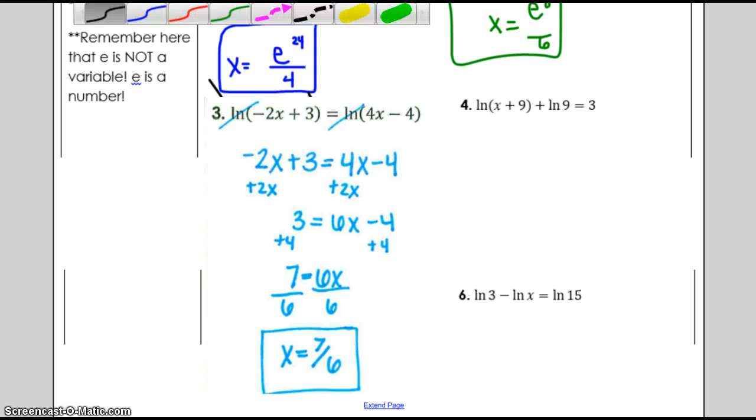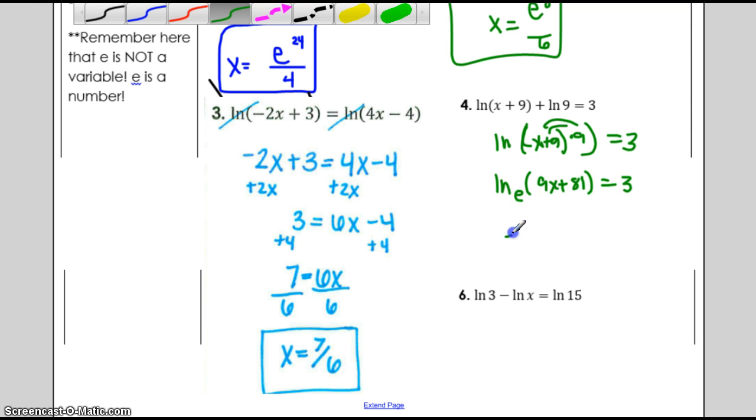So the next one, we can go ahead and condense. Since it's addition, we want to change that to multiplication. So it's x plus 9 times 9, which means we're going to distribute here. So then it is the natural log of 9x plus 81 equaling 3. So got this base of e here, base of e to the 3rd equaling the 9x plus 81. And then we'll go ahead and solve.